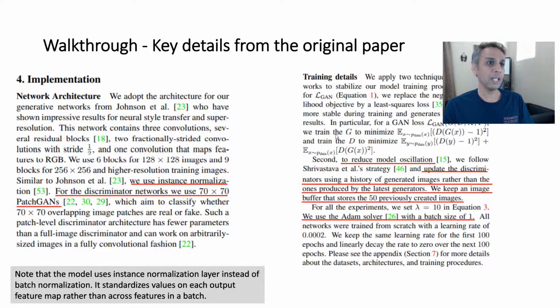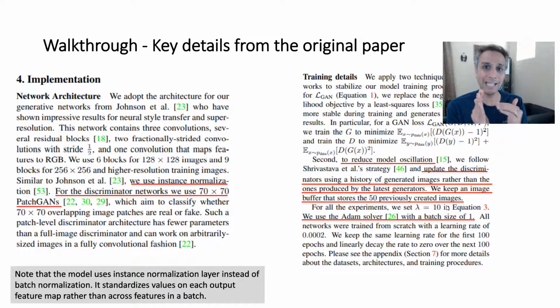Okay, and moving on, a few more training details. To reduce the model oscillation quite a bit, they update the discriminator using a history of generated images. You know how you update the discriminator by taking a real image, right? You take one real image and then you take a fake image. And how do you get the fake image? You use the generator to generate a fake image, and that goes into the discriminator.